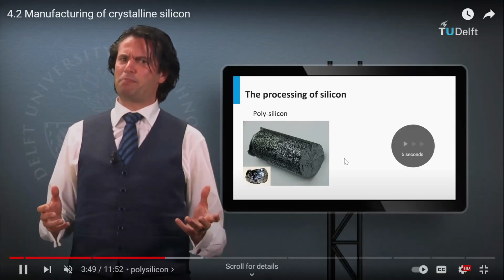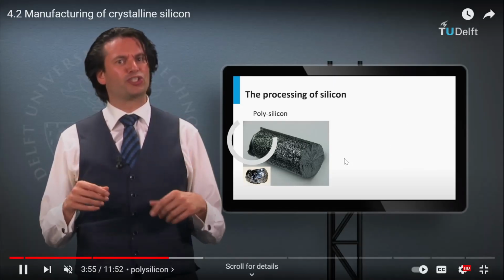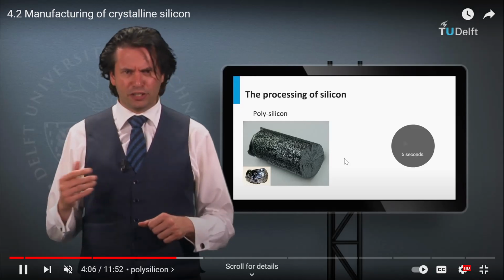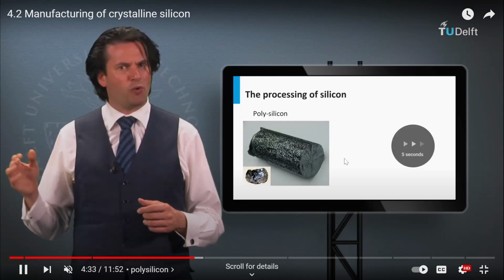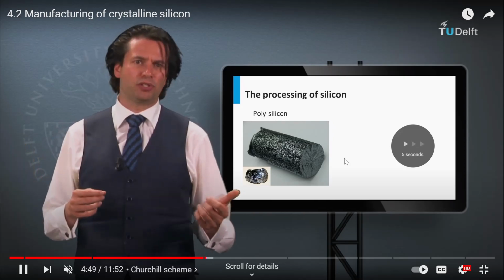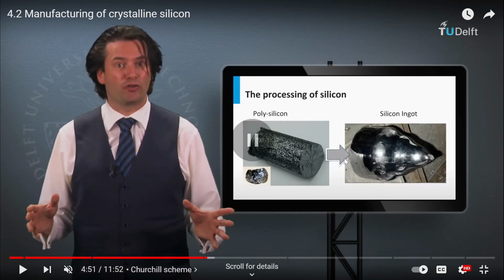So now from polycrystalline, we need to obtain monocrystalline silicon, in the form of a silicon ingot.